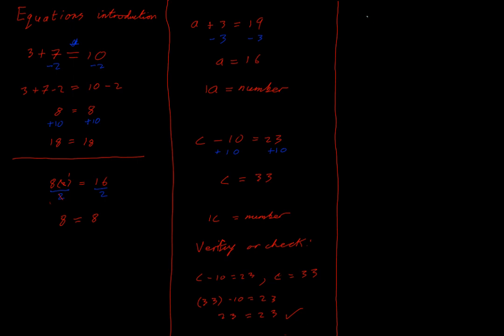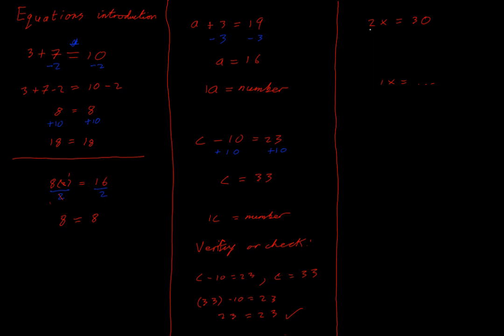Now, if I had something like 2x is equal to 30, I want to end up with 1x is equal to a number. Well, what would I do in that situation?